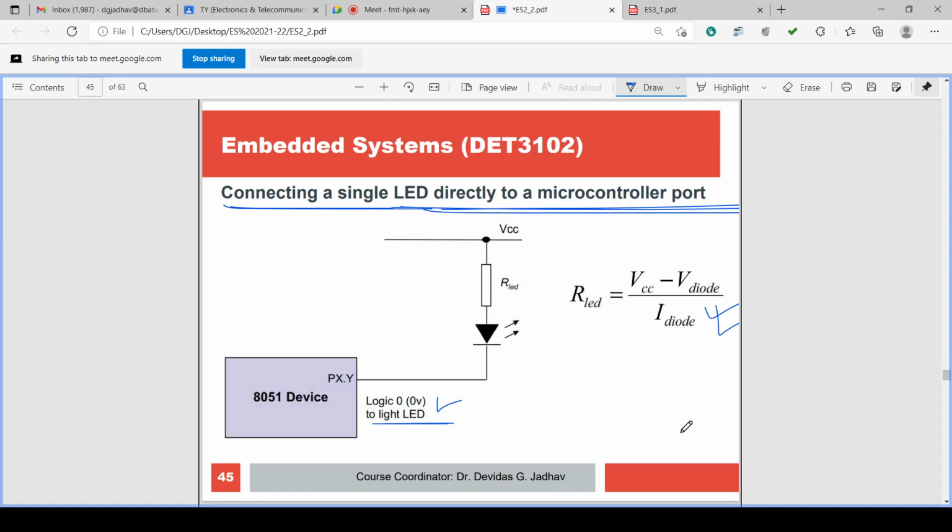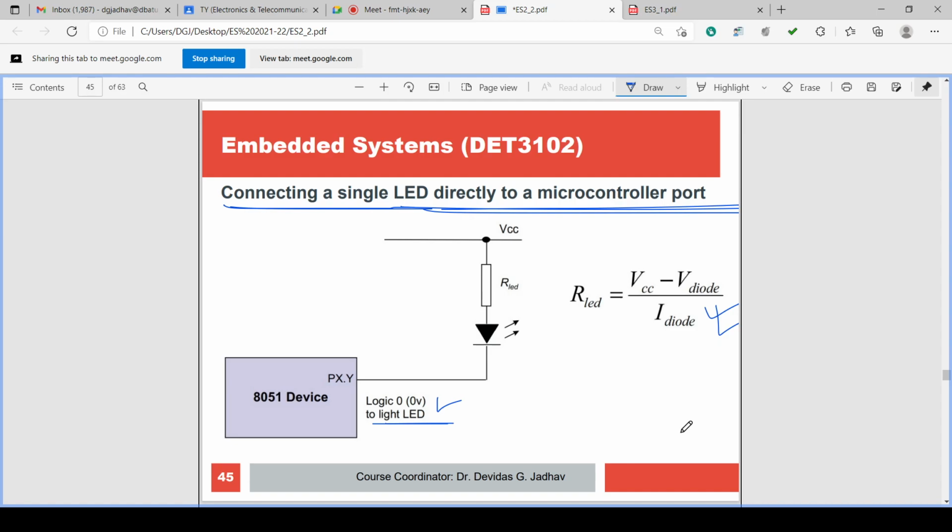VCC on one side, V diode on the other side of the LED resistor, and divide it by the I diode. Suppose 1 milliampere is the minimum current for the LED; if it is 1 milliampere, the LED will start functioning, and 10 milliampere is the maximum current.